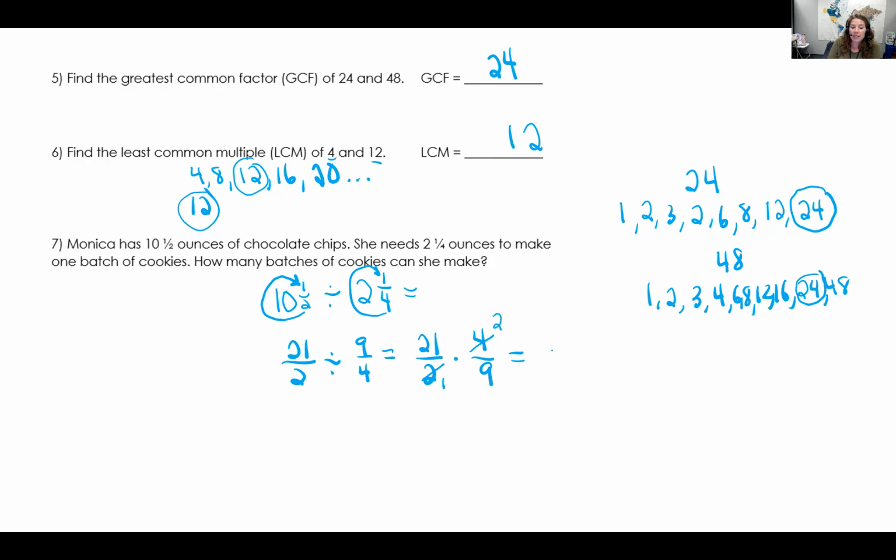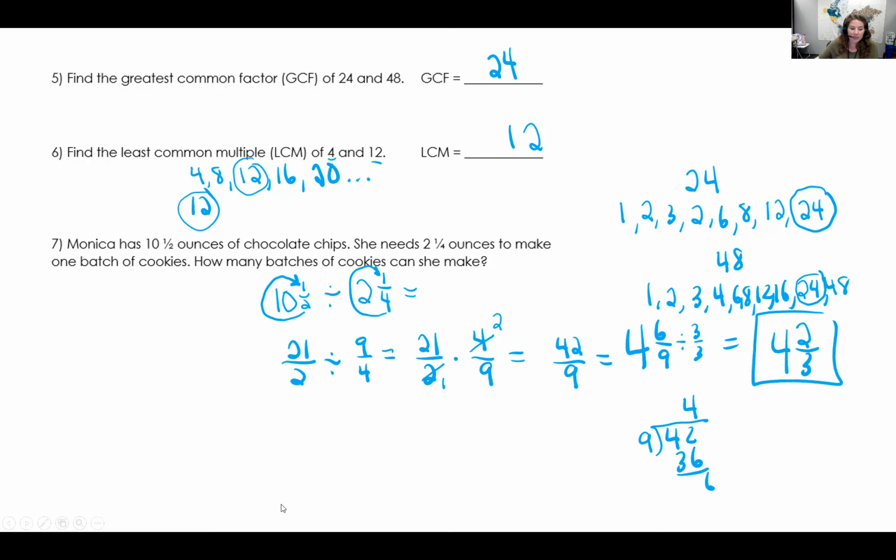So I get 21 times 2 is 42 over 9. Now, if we divide 42 by 9, we know it goes 4 full times with a remainder of 6 over 9. And then look at 6 and 9, we can divide both of those by 3. So the best answer is 4 2/3.